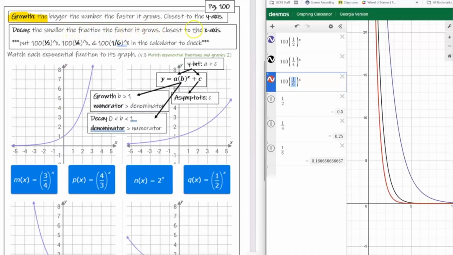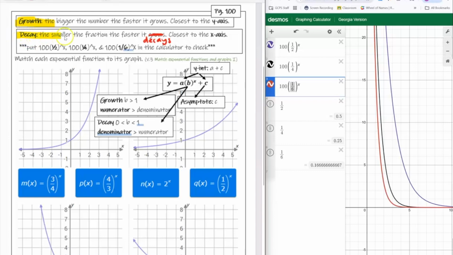That's not growth, that's decay. So I'm making sure that I'm showing you different numbers like 1/2, 1/4, 1/6, because if you forget this little saying that says if it's decay, the smaller the fraction, the faster it decays, the steeper the slide. If you forget that, you can make up your own fractions, it doesn't matter, and just see what happens as my fraction is super, super small.